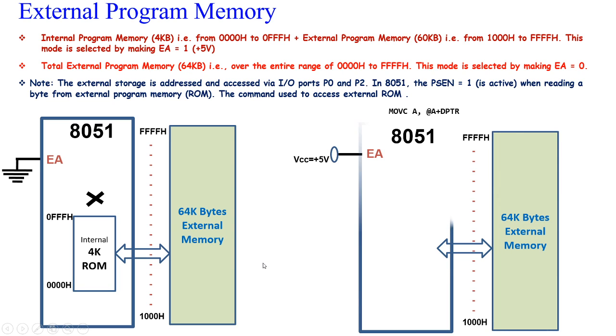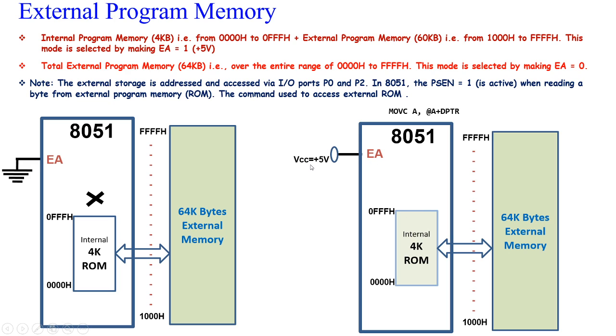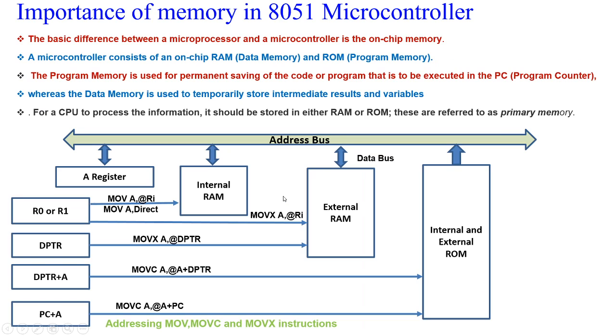When EA is connected to VCC, at that time the microcontroller accesses only the 4K read only memory, not external memory. So this is the point we have to remember.